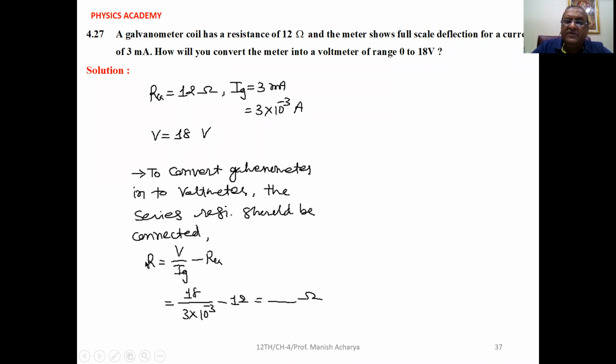Solve this one. You will get the value of the series resistance. So this much resistance we have to connect in series with the galvanometer, and then by applying known potential differences, we have to recalibrate its scale. Then we can say now it is converted into voltmeter of range 0 to 18 volt. Clear to all of you, beta?